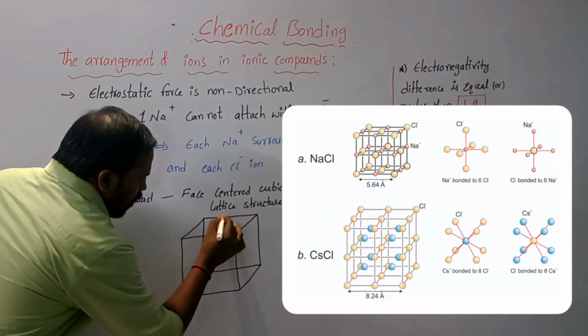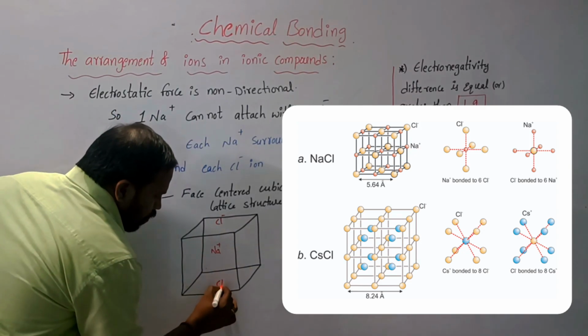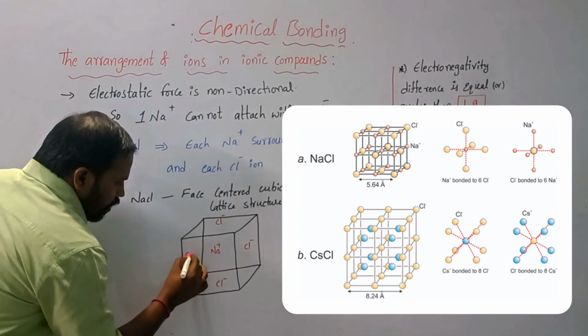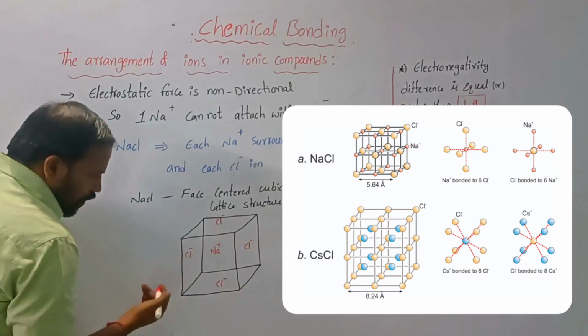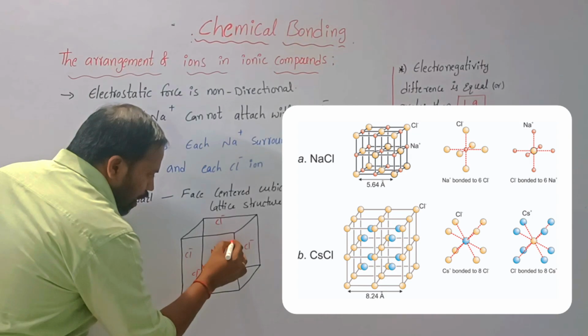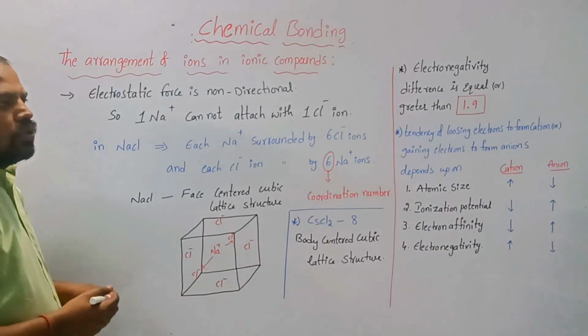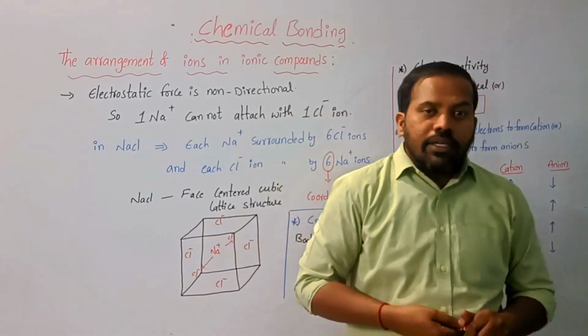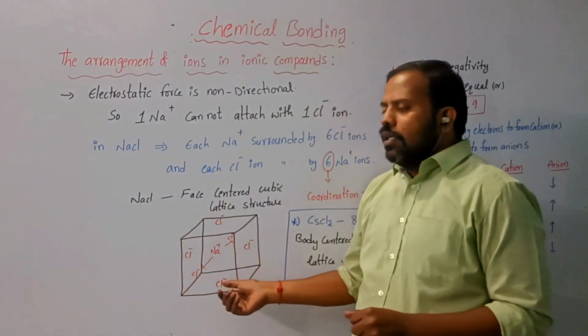So top chlorine atom, bottom chlorine atom, right side, left side, front. This is the front face, this is a chlorine atom, and this is the back face, this is a chlorine atom. So each sodium ion is attached with 6 chlorine atoms.